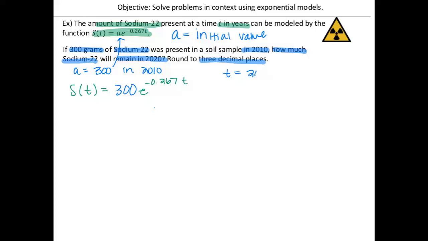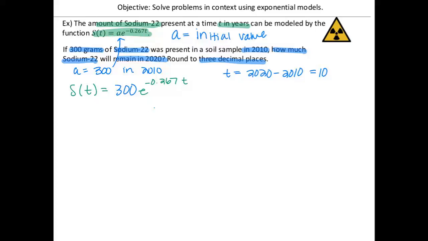T would be from 2020, but I had an initial year of 2010, so from 2010 to 2020. Where do you get 0.267? That's just the function that's given to find the amount of sodium present. I didn't make that up, it was just in the function. That's right here in the function.